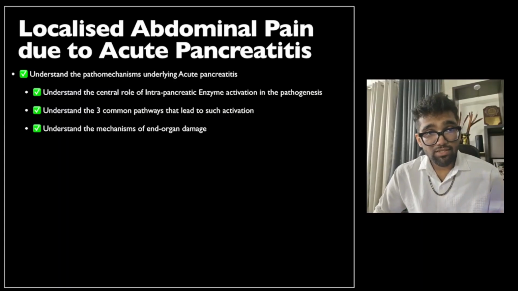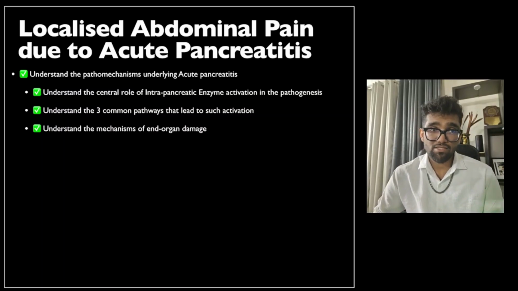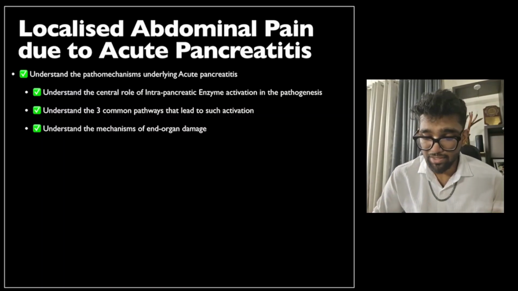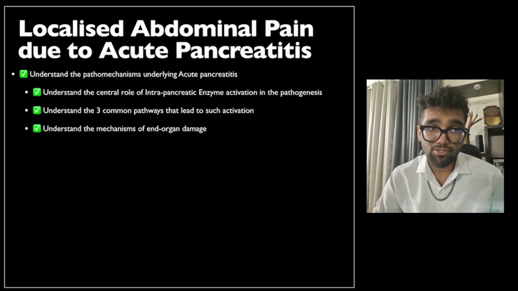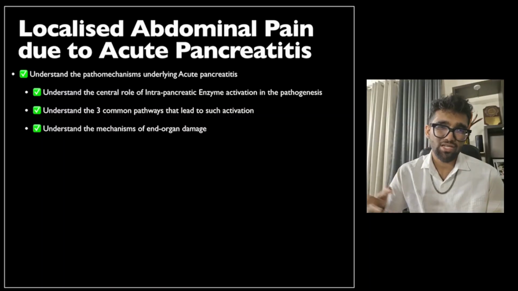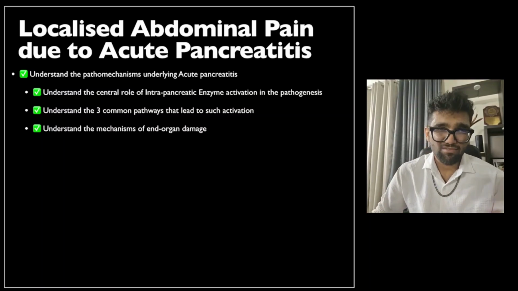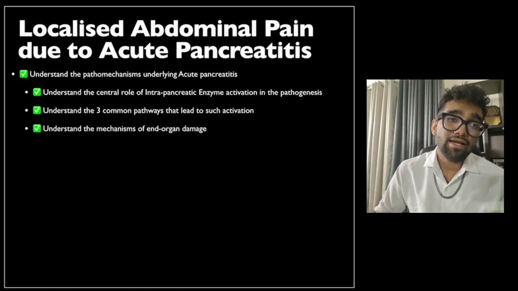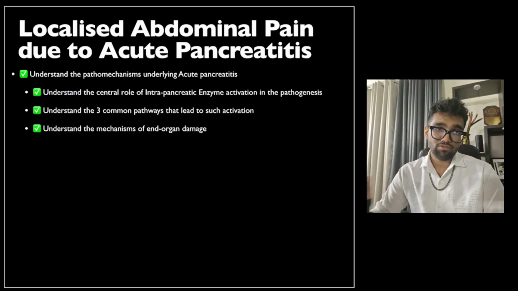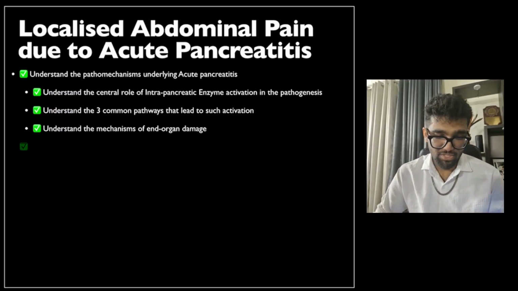We've understood the three mechanisms that result in end organ damage, that is systemic inflammatory response due to increase in serum IL-6 levels, hemorrhage because of release of elastase into the systemic circulation, and local release of elastase resulting in damage to blood vessels, causing splenic artery aneurysms, gastroduodenal artery aneurysms, and splenic vein thrombosis, and also, as we discussed, fat necrosis resulting in fat embolization and various clinical manifestations.